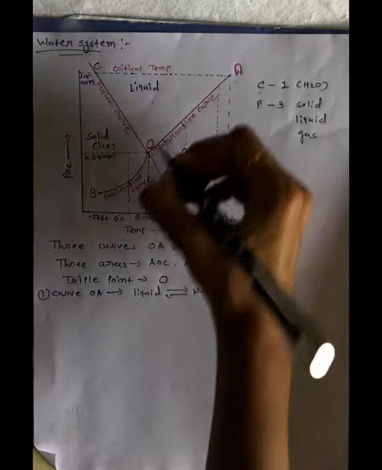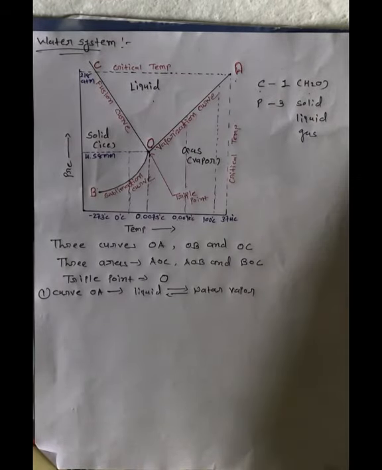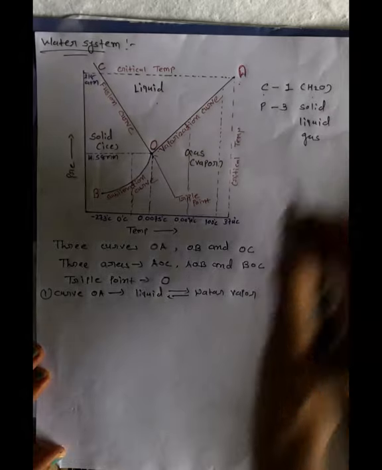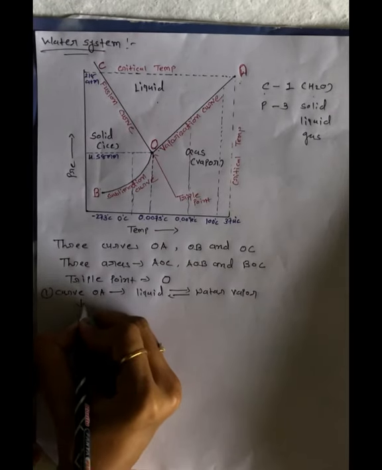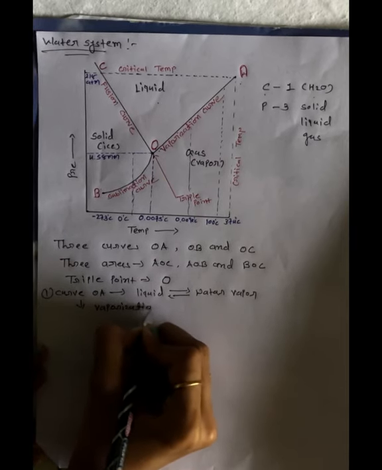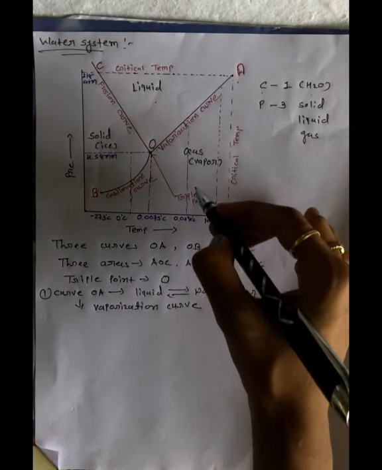So this is also called the vaporization curve. Why the vaporization curve? The equilibrium is between liquid and water vapor. Here is the equilibrium between liquid water and water vapor.